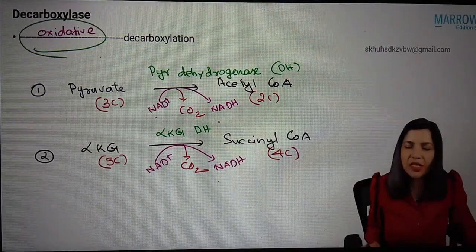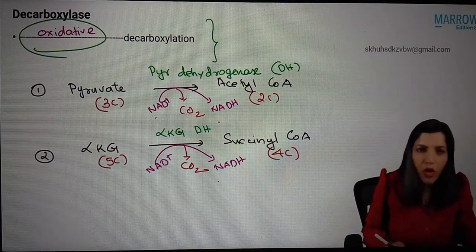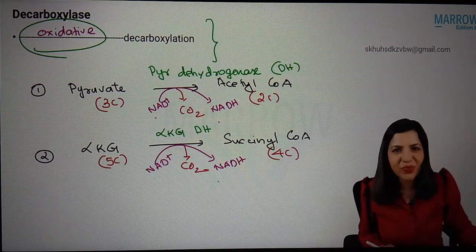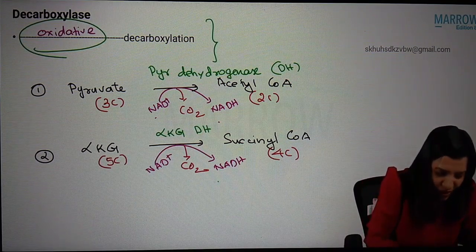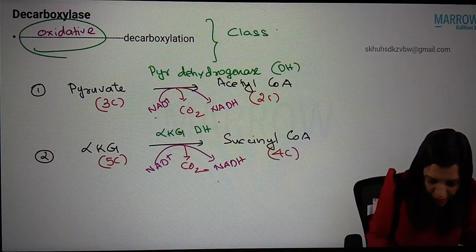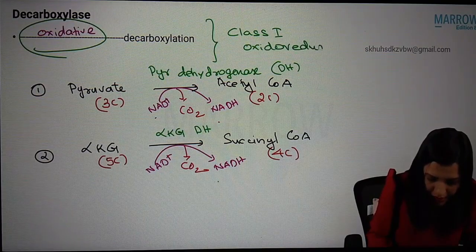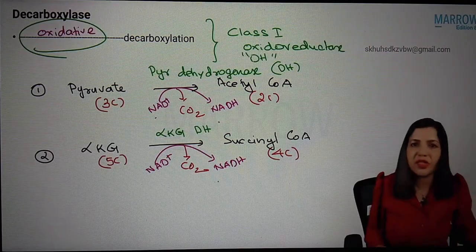These are oxidative decarboxylation. Okay, fine. So does it belong to class 4? No. This is not belonging to class 4. This belongs to class 1, oxidoreductase, which comes under the subclass dehydrogenase.